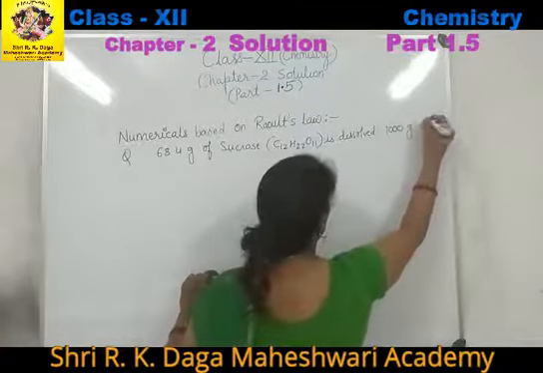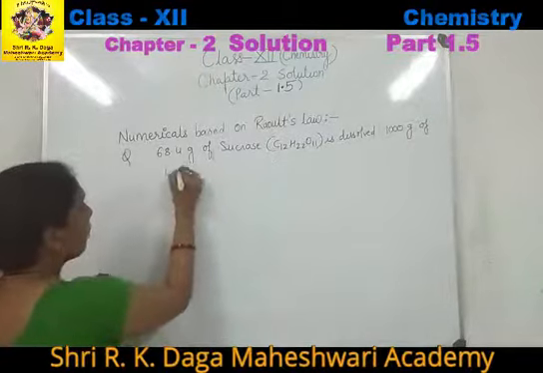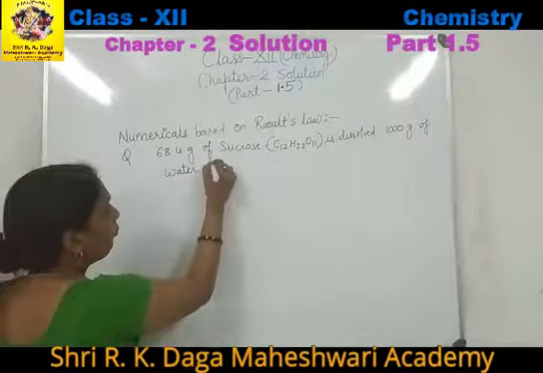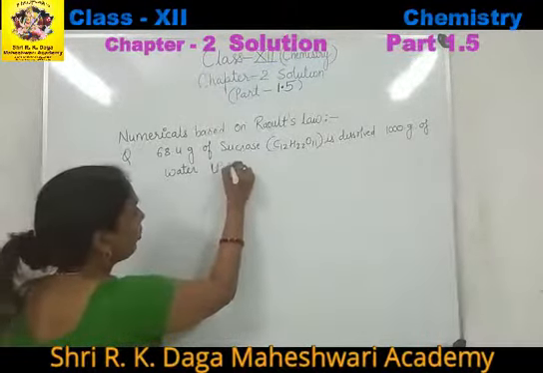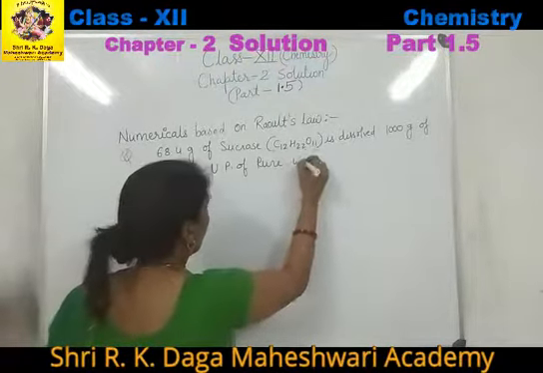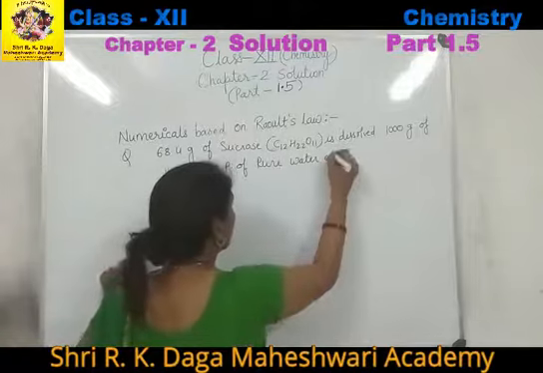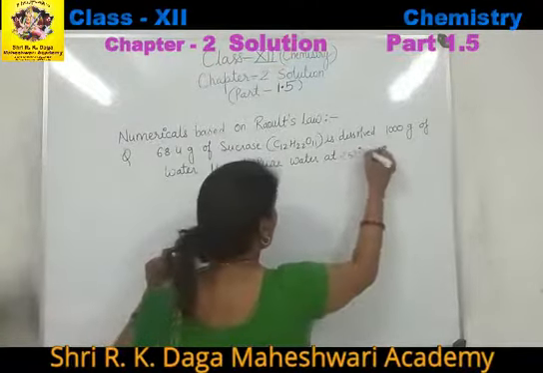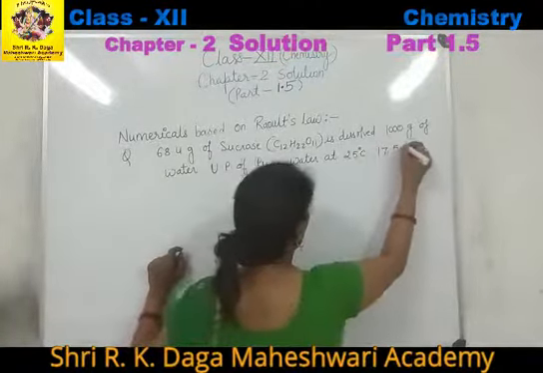The vapor pressure of pure water at 25 degrees Celsius is 17.5 mmHg.